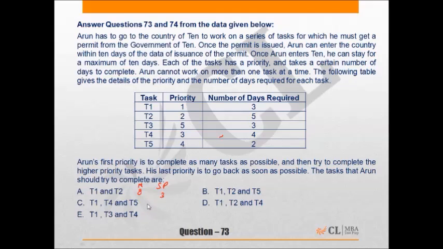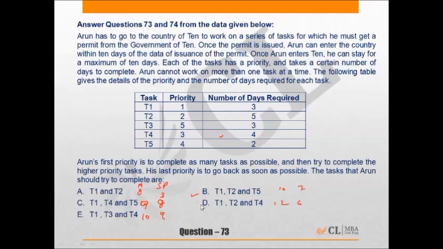Similarly we can calculate these two figures for the other options, and these figures are 10 and 7 for option B, 8 and 9, 9 and 8 for option C, 12 and 6 for option D, and 10 and 9 for option E.